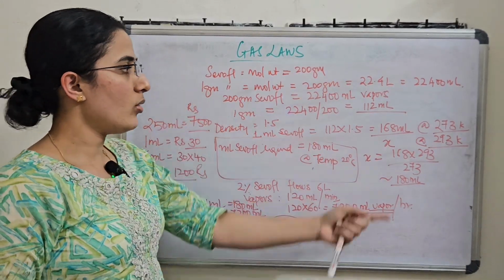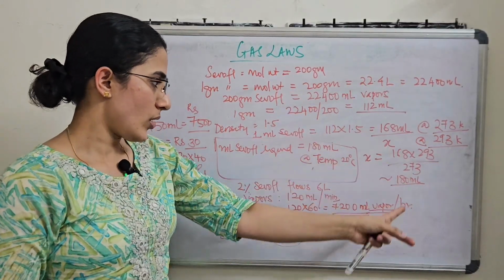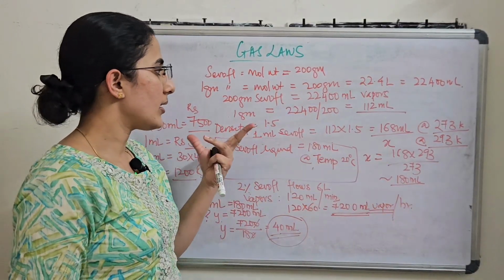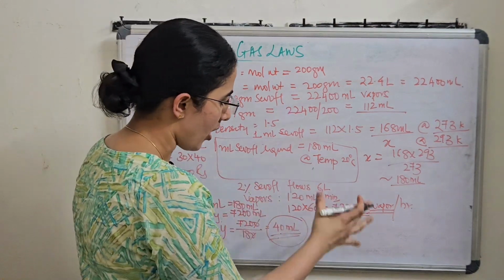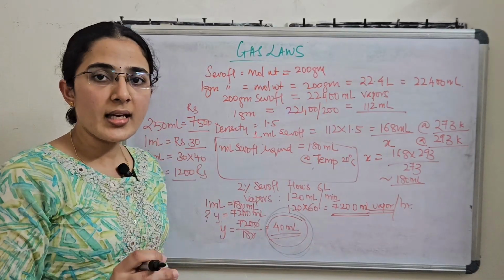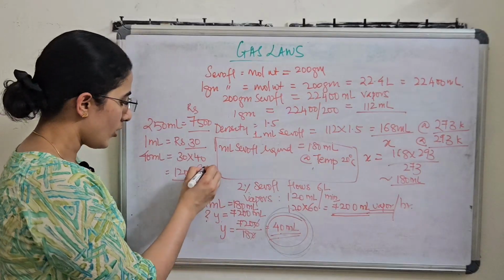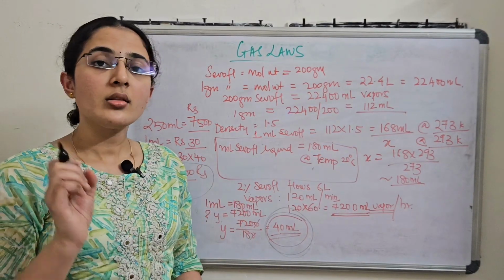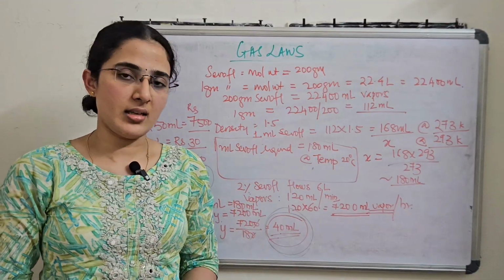So this is how we have clubbed together Avogadro's law and Charles' law and come to the conclusion of how many ml of sevoflurane is being used for a case of a particular duration, and also what will be the cost of sevoflurane that may be required for this case.